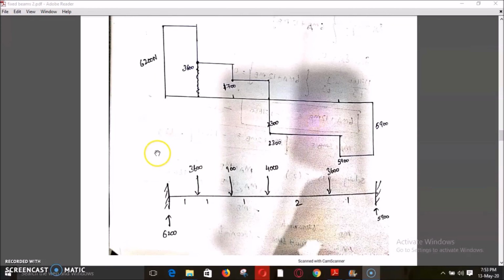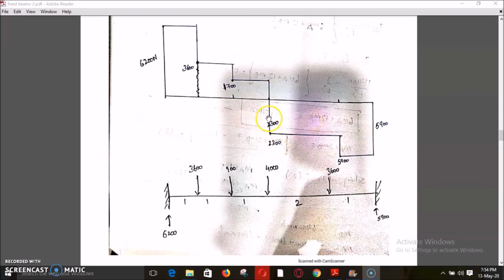And coming to the shear force diagram, previously we got RA value 6,200 and RB value 5,900. So coming from here, this value is 6,200, and from here we should subtract 3,600 from 6,200. So here it is 3,600. Coming to this point, again we are subtracting another 900 from this. So from here to here the shear force will be 1,700.